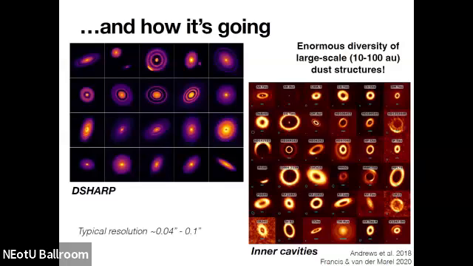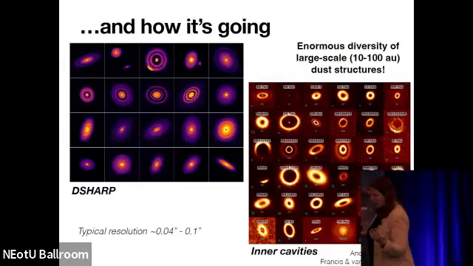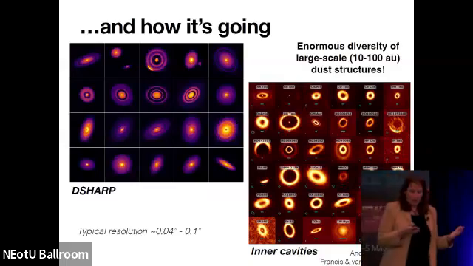Then more specifically, the so-called transition disks, which were already known to have large inner cavities, but as it turns out there is a lot of variety: some of these systems have multiple gaps and rings, some have asymmetries, etc. So there's really a lot of substructure in disks in the dust continuum that we're still trying to understand.